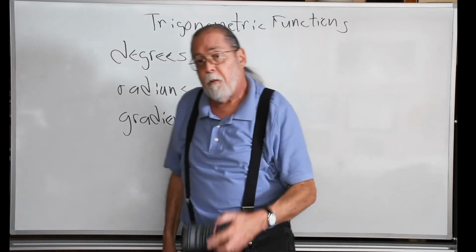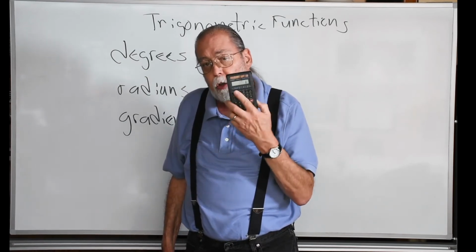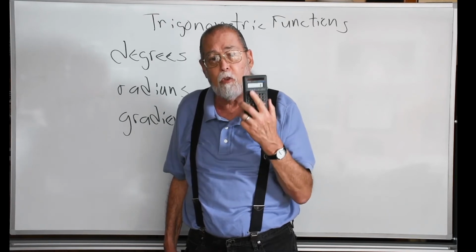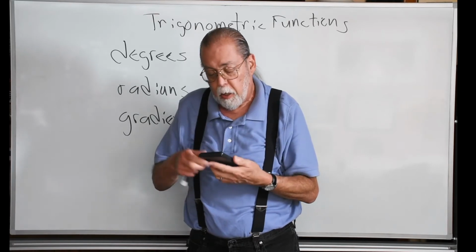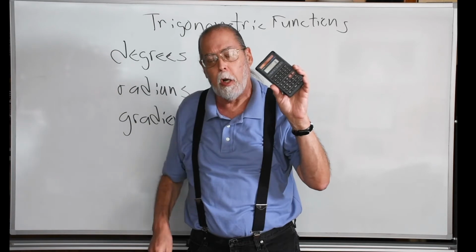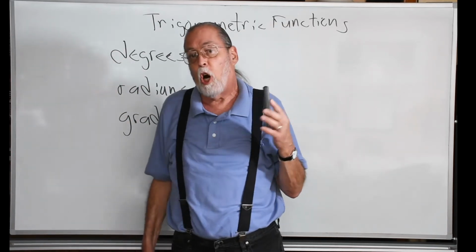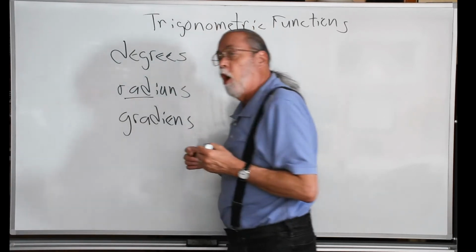But what you need to figure out, by looking in your manual, is how to change the degree mode of your calculator. Most calculators will have a little indicator. This one does right now. It has a DEG on it, which means it's in degree mode. If it says RAD, then it's in the wrong mode.